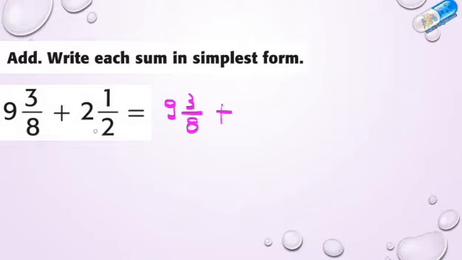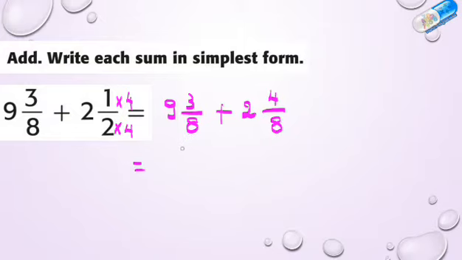But what will change is this 2, I'll make it 8 by multiplying it by 4 down and by 4 up also. In this case, the whole number part does not change. So 2 remains as it is, and the fraction part changes to be 4/8.